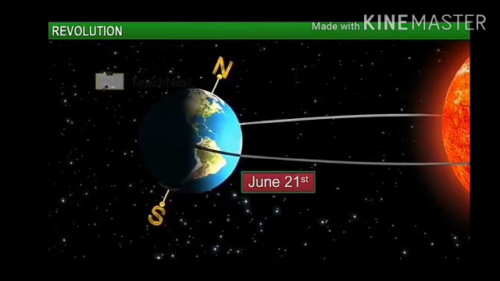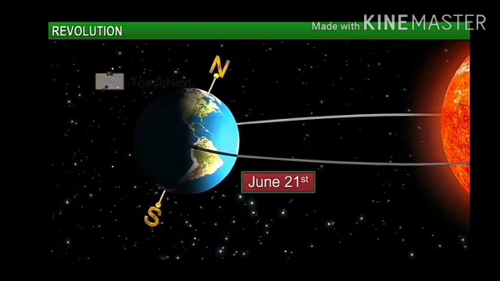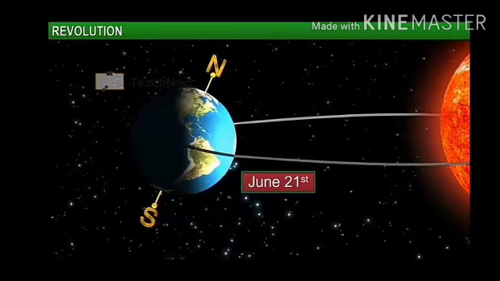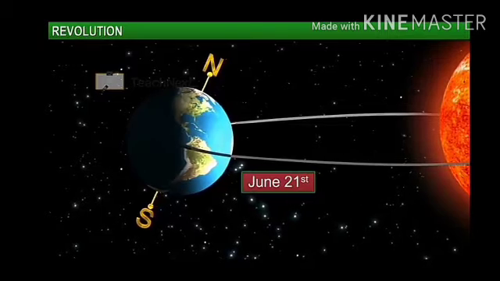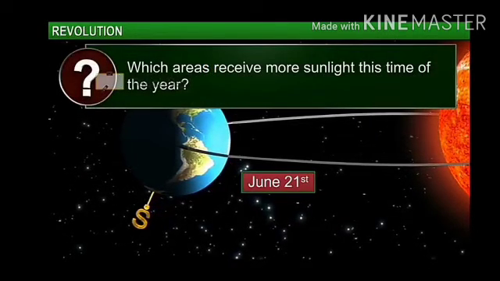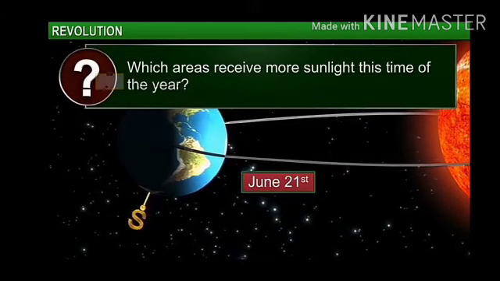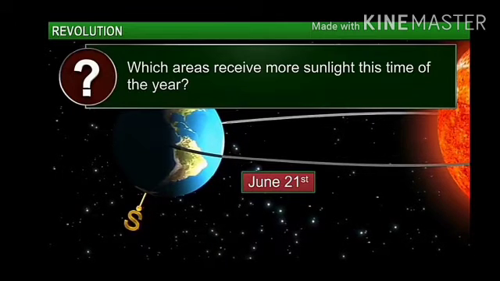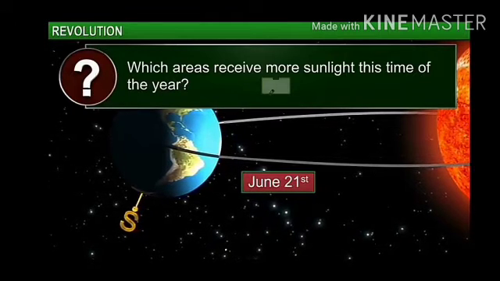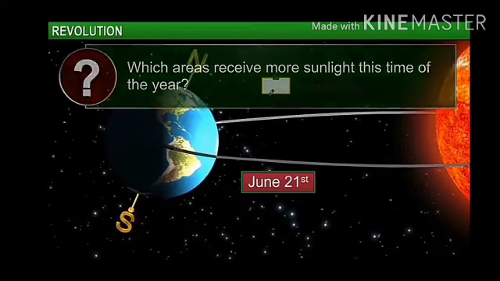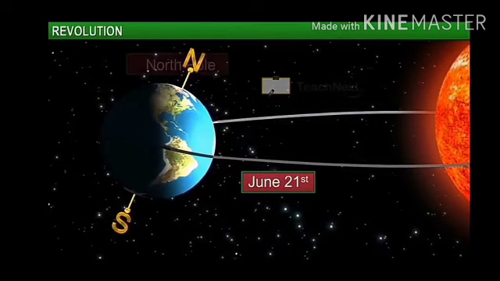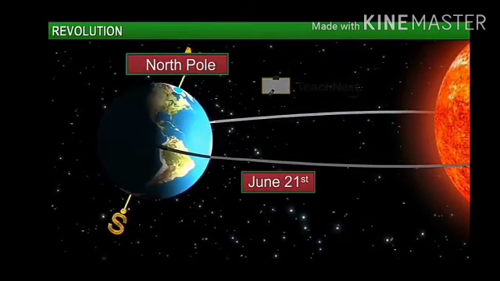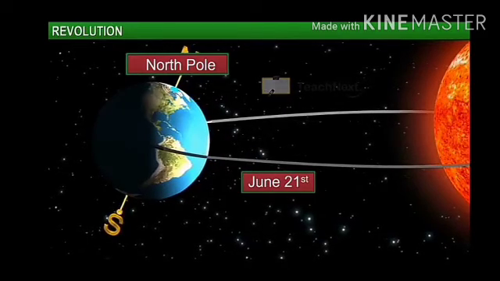On June 21st, the position of the Earth is as seen here. Try and identify the areas that receive most of the sunlight due to the tilt. As you can see, the North Pole is tilted towards the Sun.